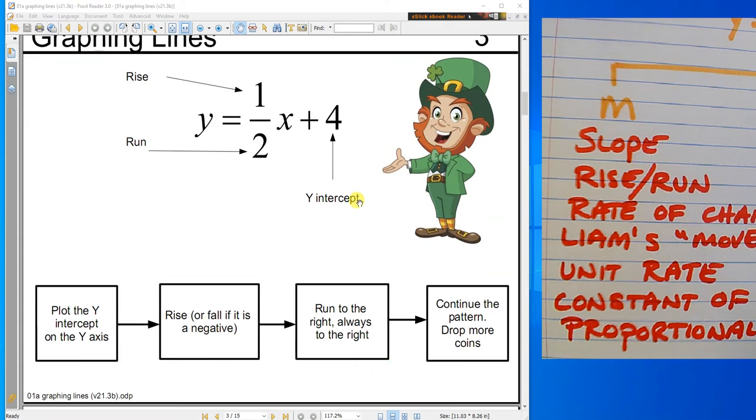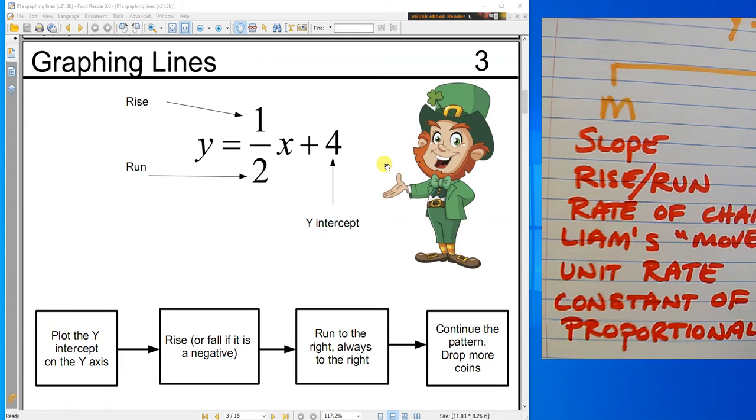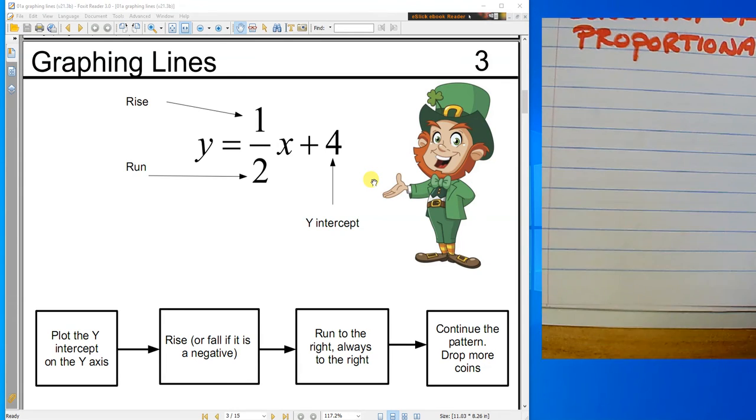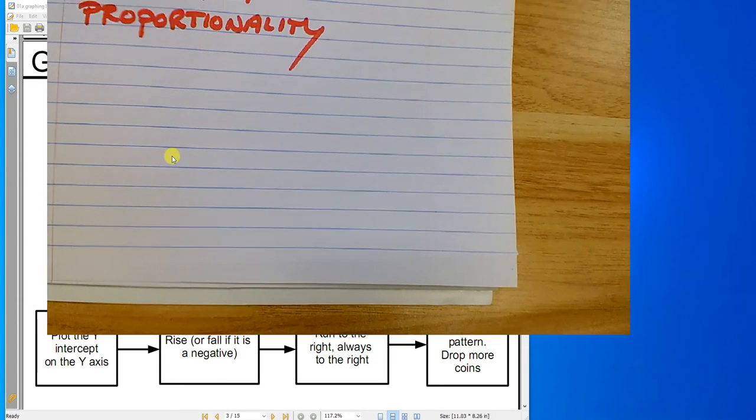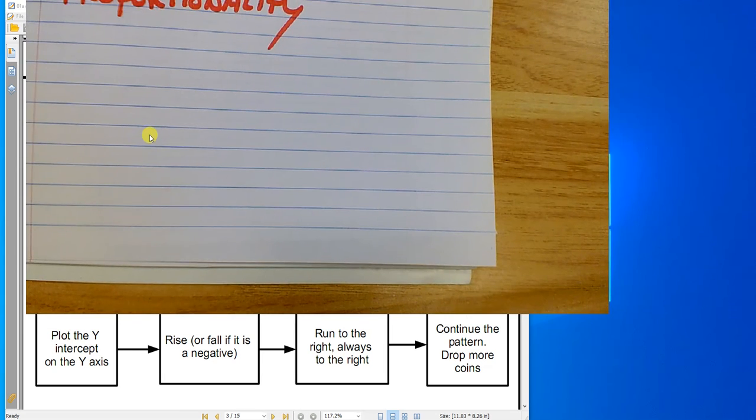So here's how I graph a line in slope-intercept form. I know the top number is the rise, I know the bottom number is the run, and I know that the 4 is the y-intercept. We're going to put this into our notes. So y equals 1/2 x plus 4.